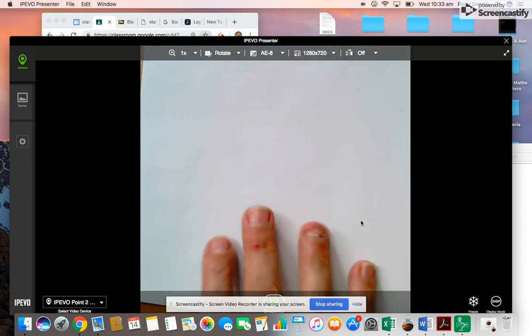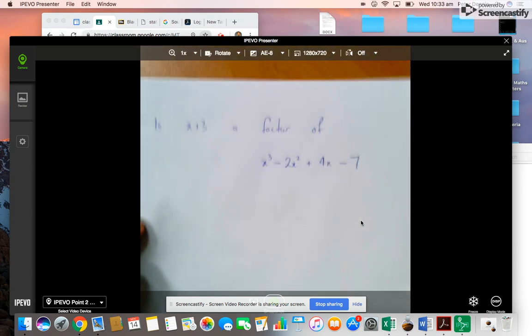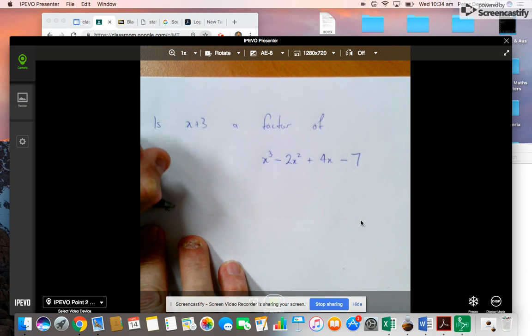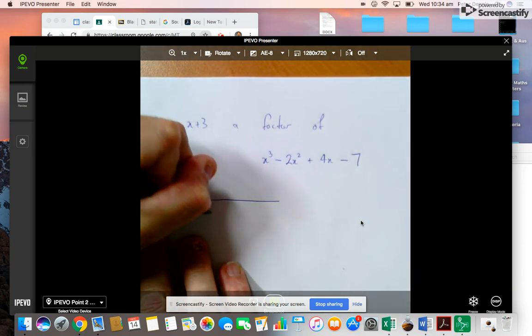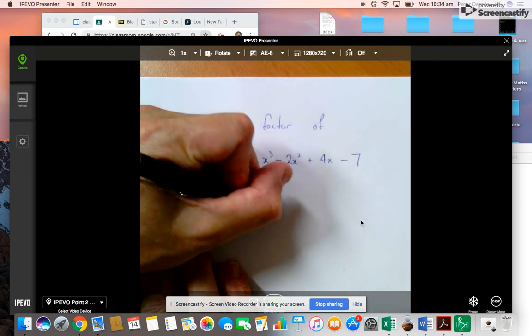So let's look at another one, and we'll do it both ways again. Is x plus 3 a factor of this? So we set up that division. x plus 3, does it go into x cubed minus 2x squared plus 4x minus 7?